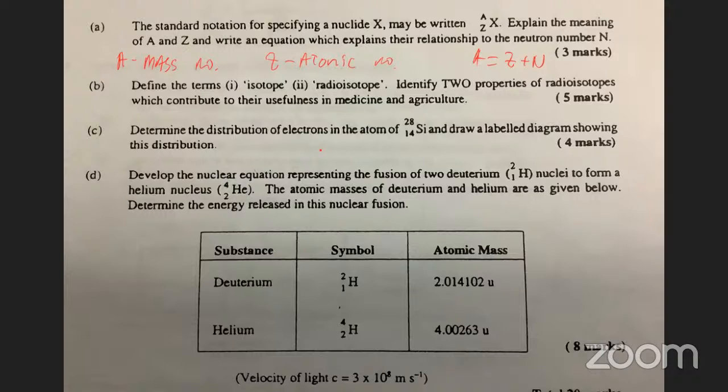Okay, so why do we use them for treating cancer? What does gamma radiation do to cancer? It kills the cells, right? So one of the properties is that radioisotopes could penetrate muscle and bone and kill cells. They have a high penetrating power, and they could kill cells.